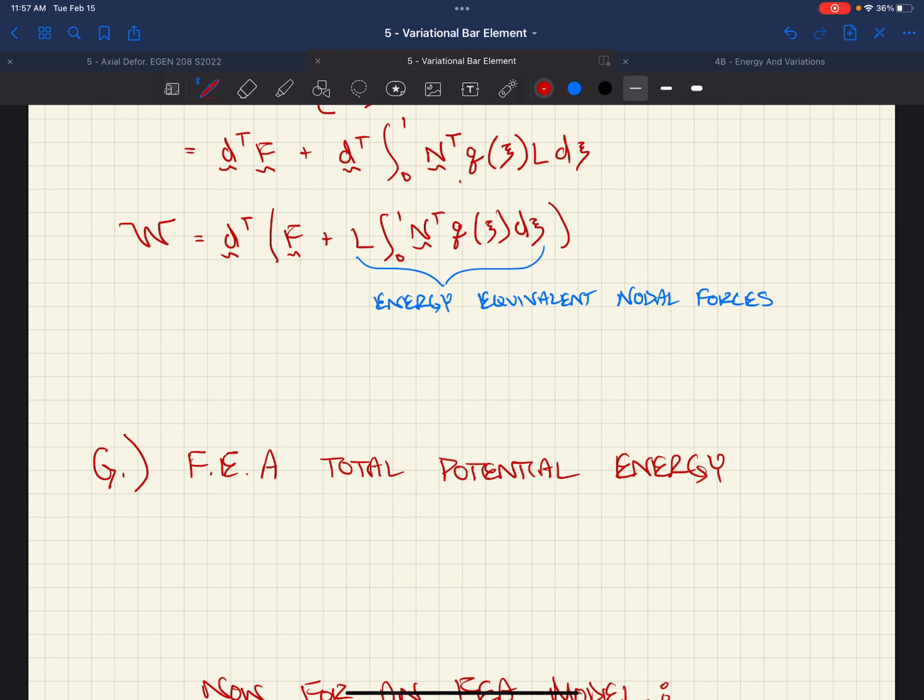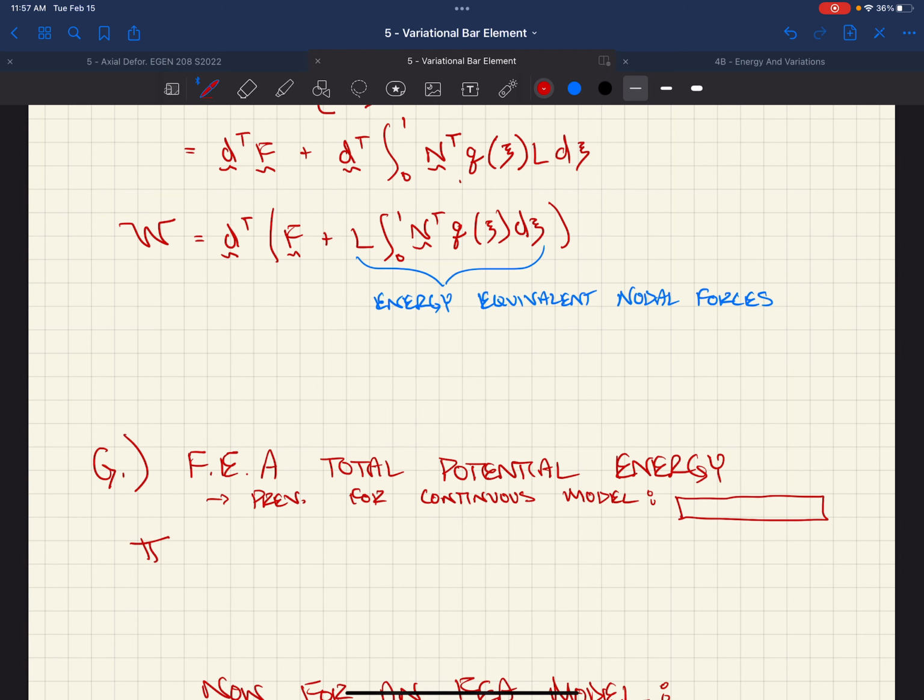Previously, for our continuous model, we had this continuous bar element from start to finish. We're not discretizing it. We haven't looked at the finite element.